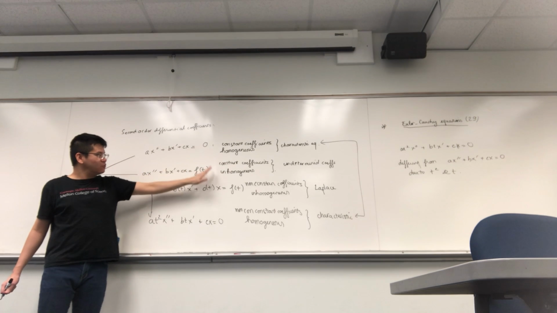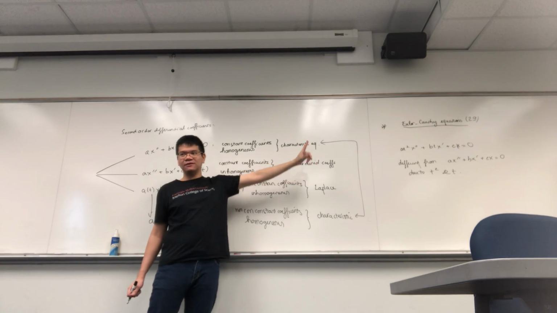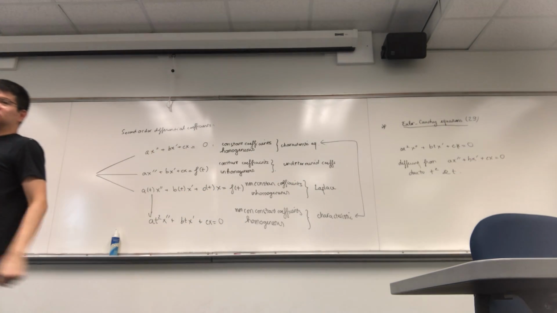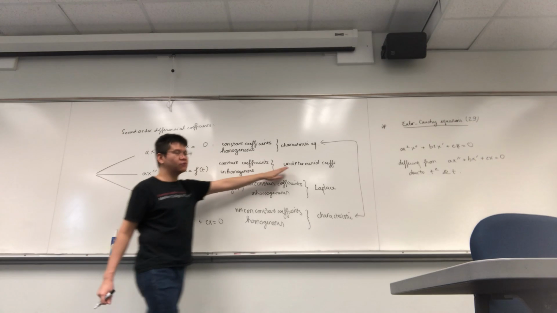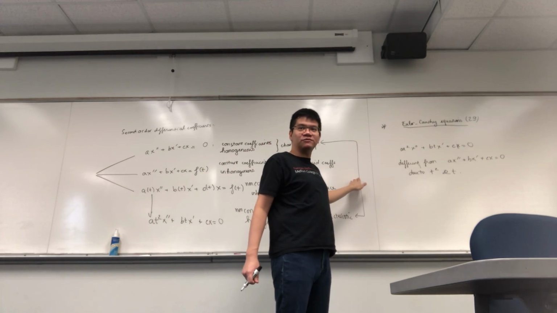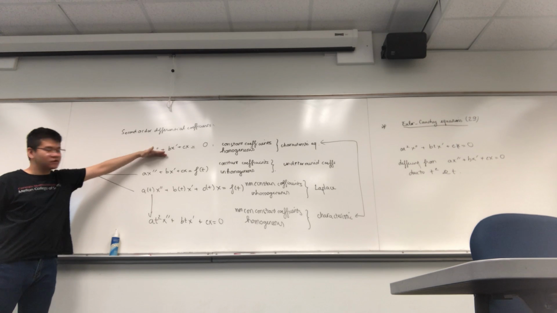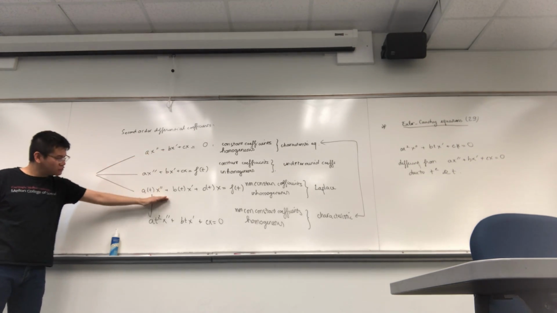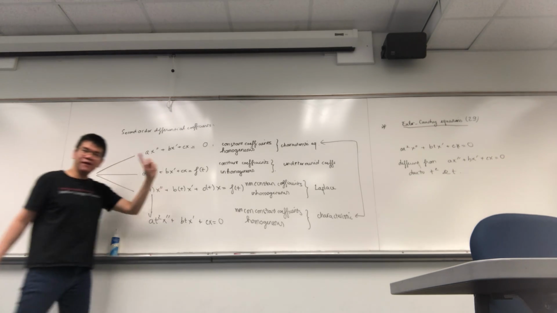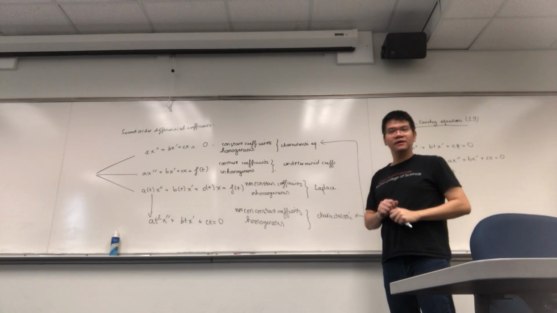When the force is not zero, you have to guess a particular solution and add it to the solution of the homogeneous equation. This is the so-called undetermined coefficient method. Those equations are for constant coefficients. What happens if you have non-constant coefficients? One method which is quite efficient is the Laplace transform.